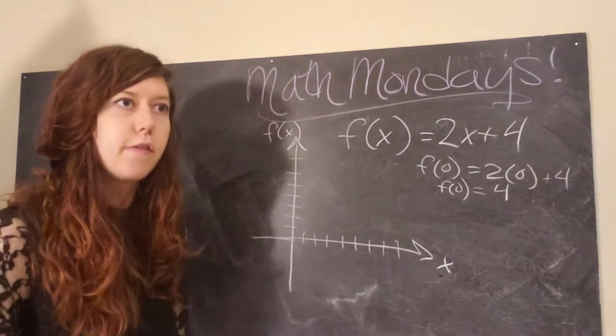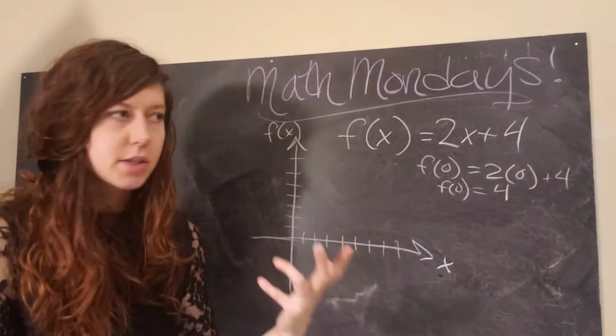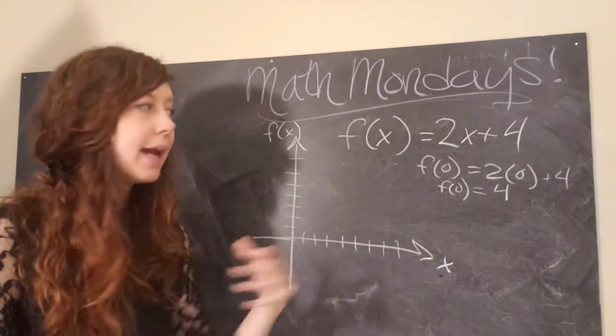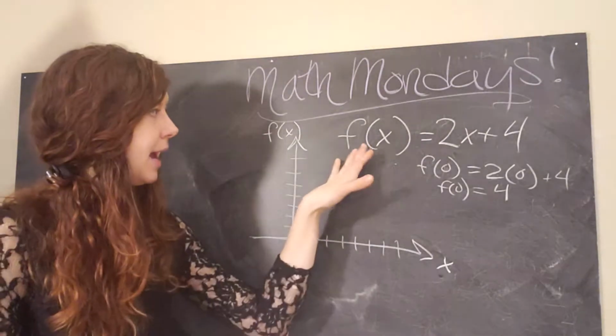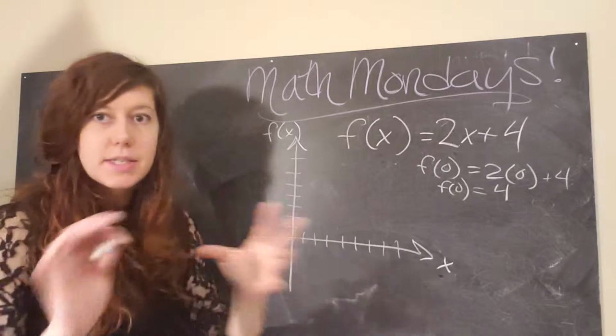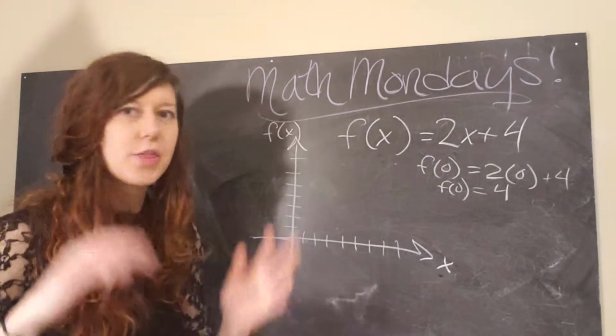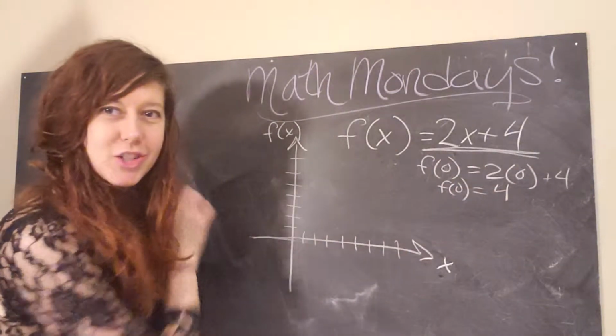Another way of thinking of a function is that it acts on something. So it takes an input. In this case, the input is x. We have one input, and the function takes that input and does something to that input. The something is going to depend on what is on the right side of our equation.